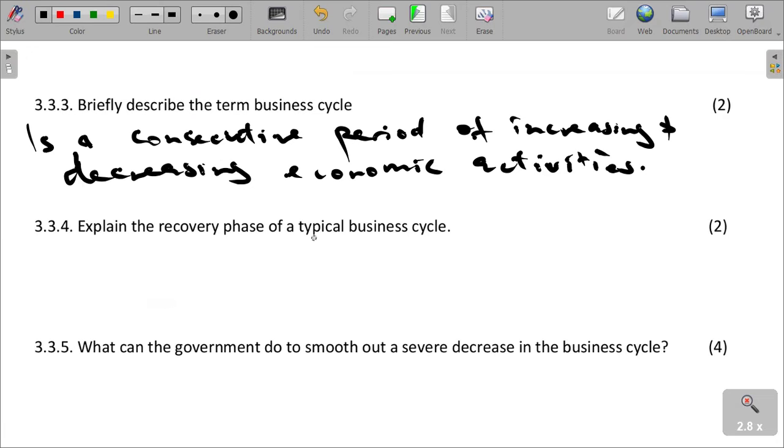Explain the recovery phase of a typical business cycle. The recovery phase is characterized by an increase in manufacturing production.